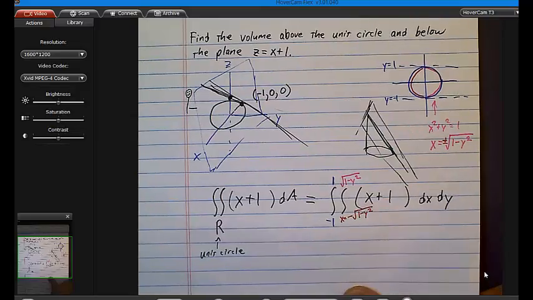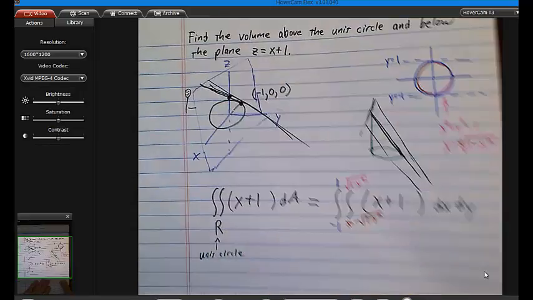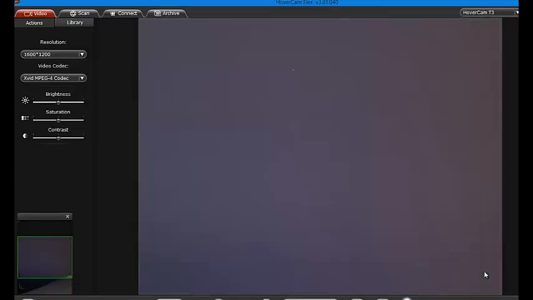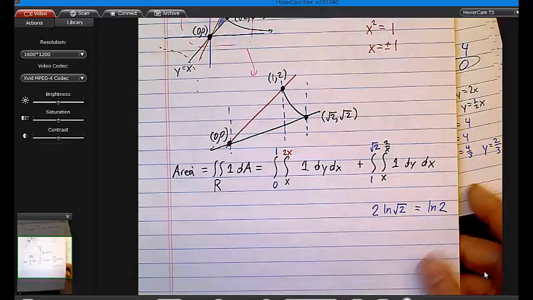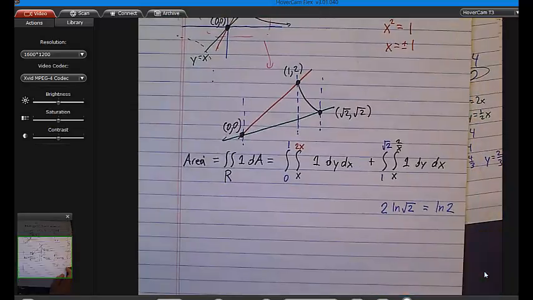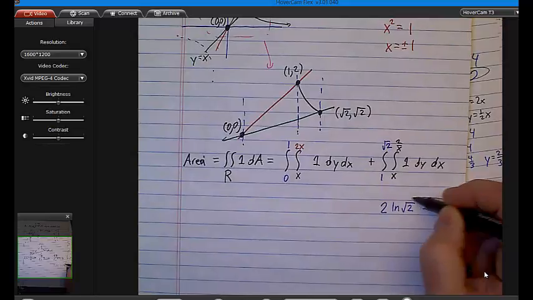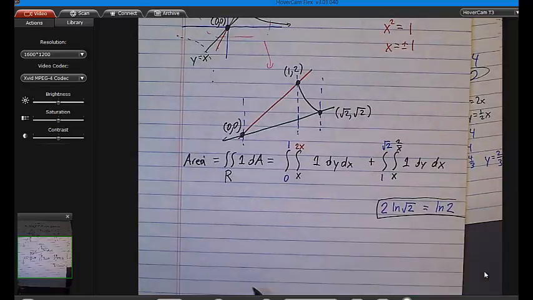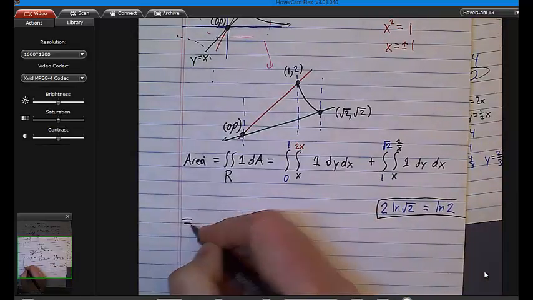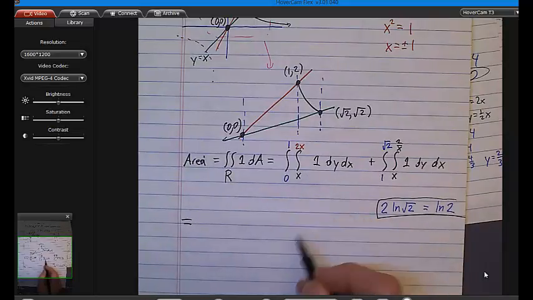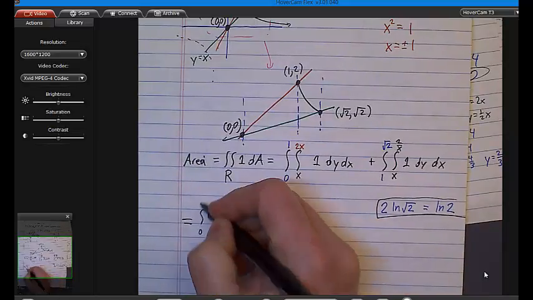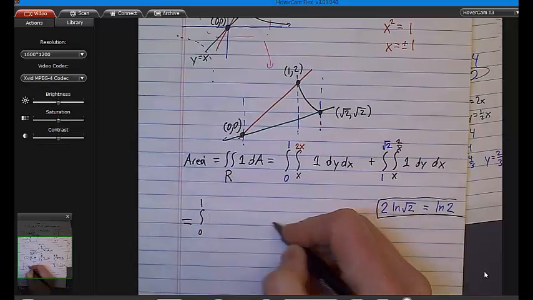All right, a request was made before we solve the rest of this. We're going to go back and try and get natural log of 2. Let's see if we could do it. Well, luckily I'm integrating 1. That's usually pretty easy. So the first integral here, we get the integral from 0 to 1, and that's dx.